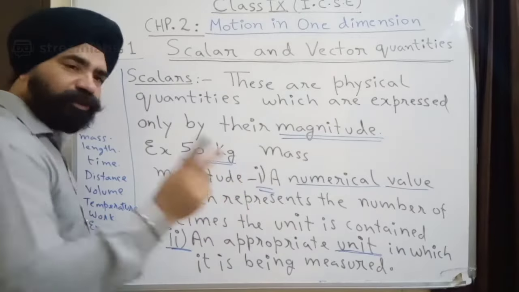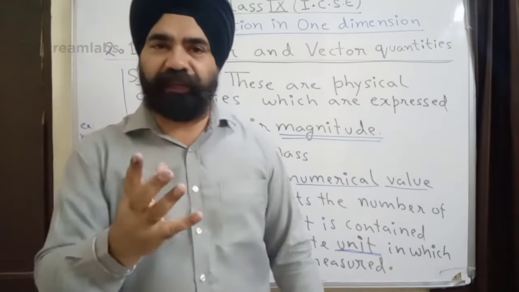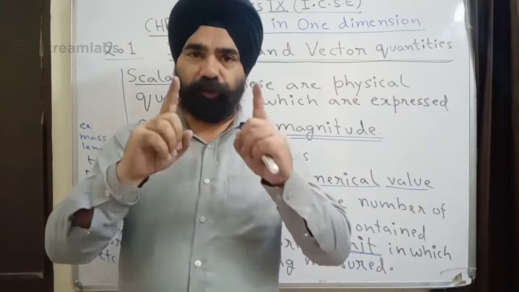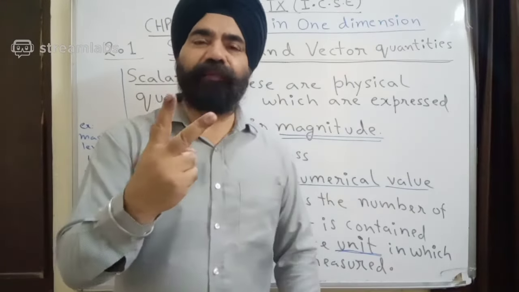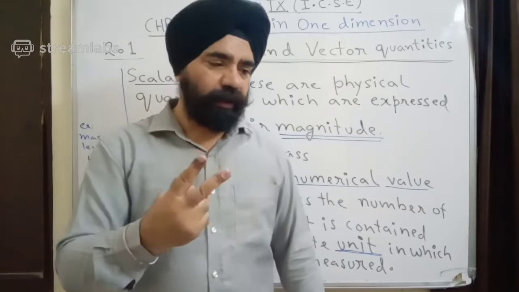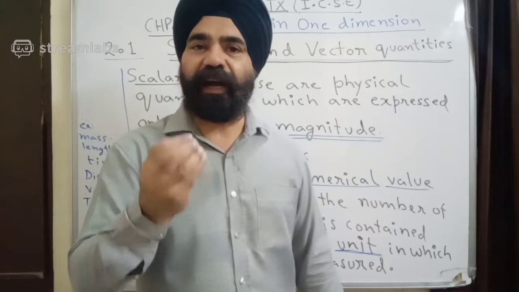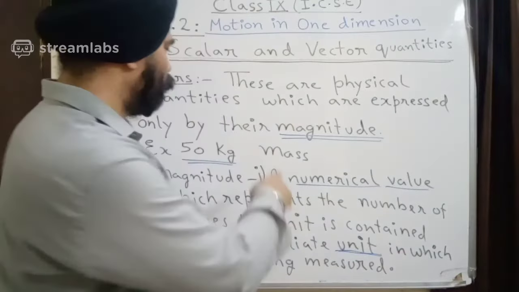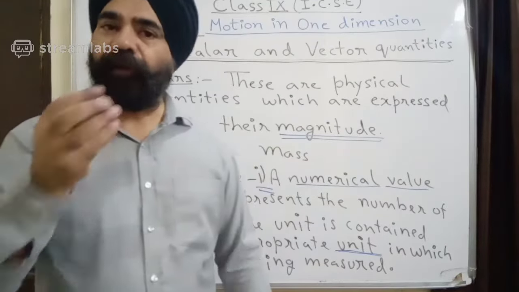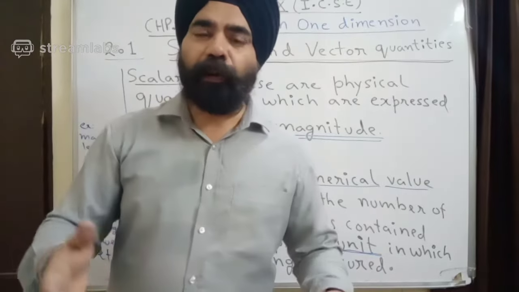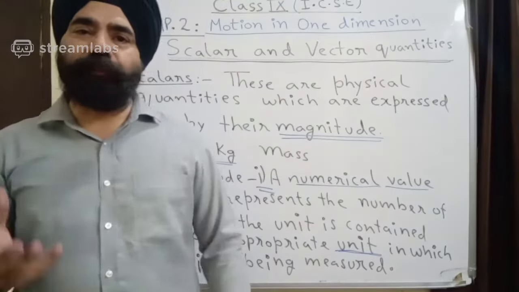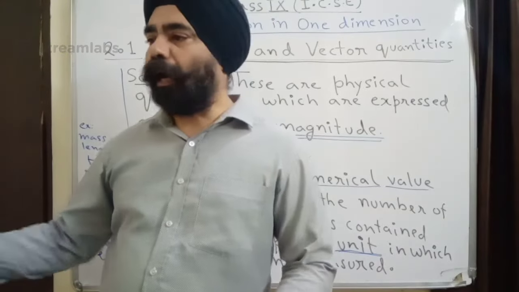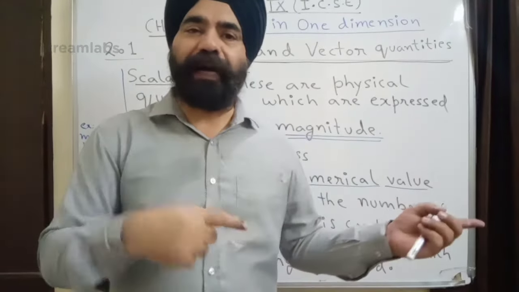Now you see, I need just two things to tell me about a scalar quantity. One is the numerical value, and the second thing which I need is the appropriate unit which I have chosen. So when I'm measuring mass, it's a huge mass, so I have chosen kg. Now I compare it with a standard kilogram, to see how this mass is equivalent to that standard quantity.